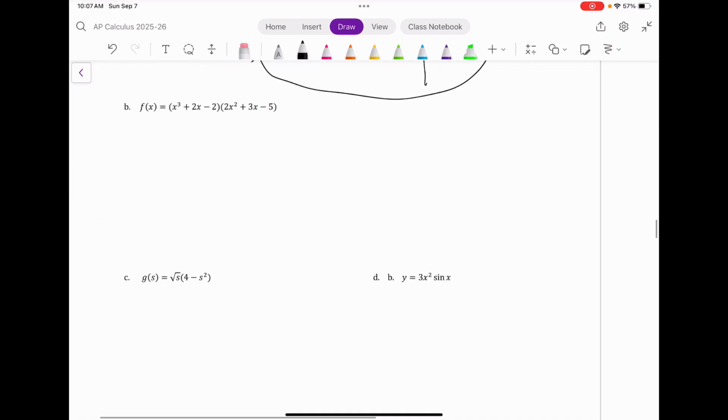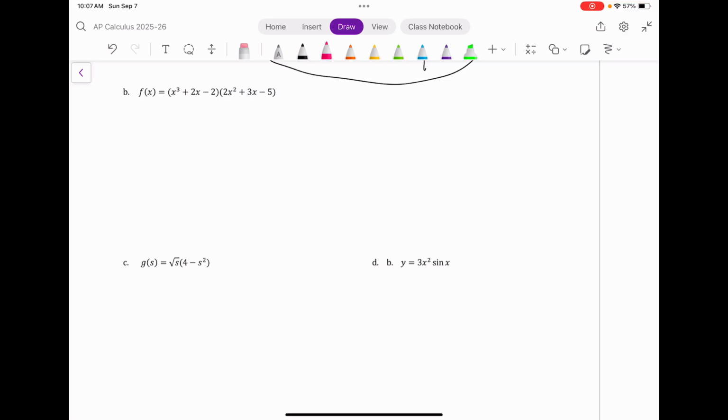All right, so let's do part B. We got these two functions being multiplied together to make up f of x. So we're going to apply the product rule. The derivative of the first function in parentheses will be 3x squared plus 2, times the second.